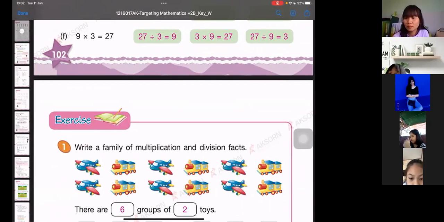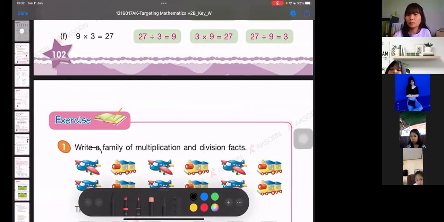So how many groups do we have? 6. 6 groups of 2 toys. So this is the 6th group of 2 toys.